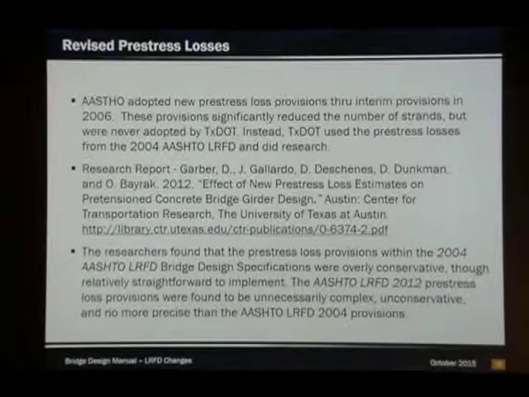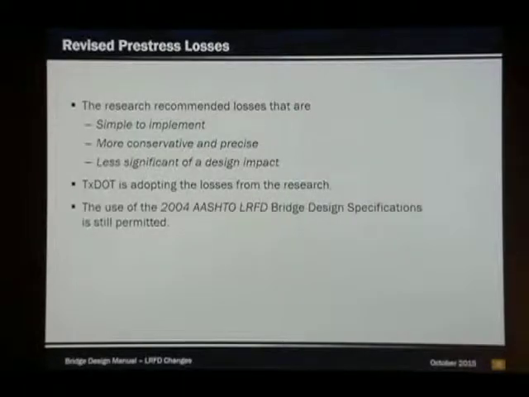The 2012 provisions were found to be unnecessary, complex, unconservative, and no more precise than the 2004 provisions. The research also recommended that we should use losses that are simple to implement, more conservative and precise, with less significant of a design impact. TxDOT is adopting the losses from this research, and the use of the 2004 specifications is still permitted.